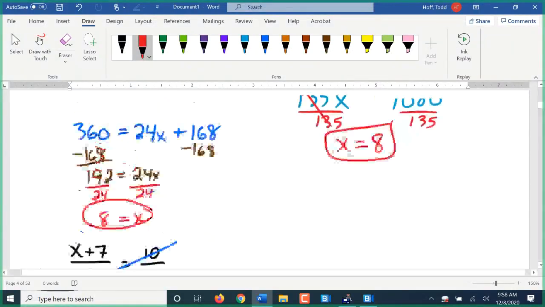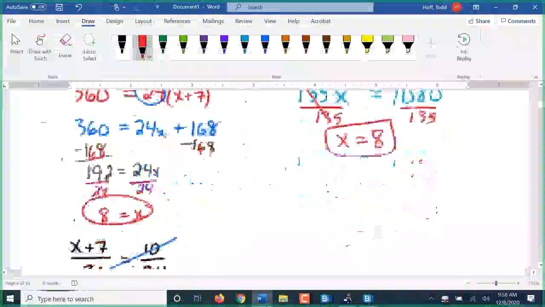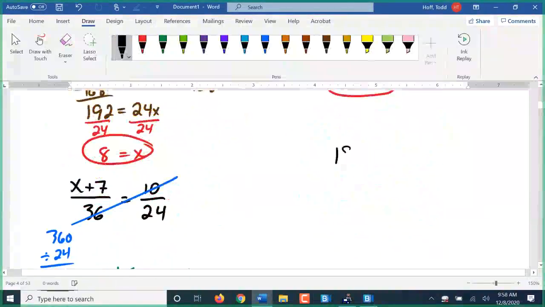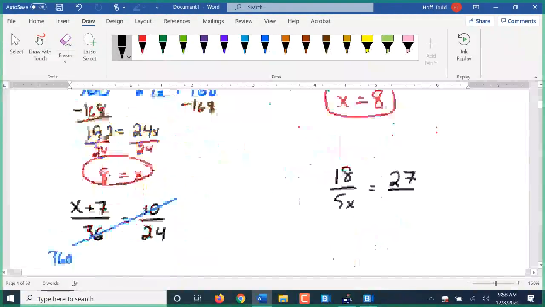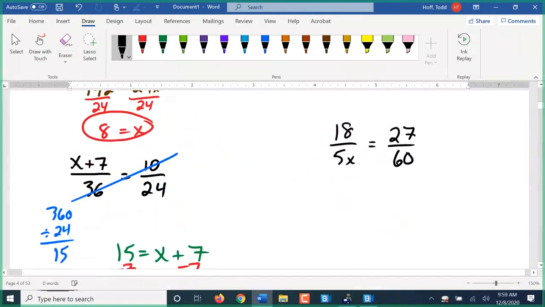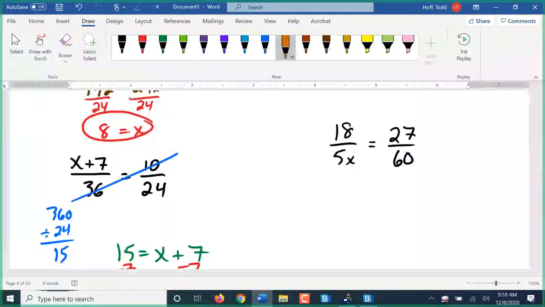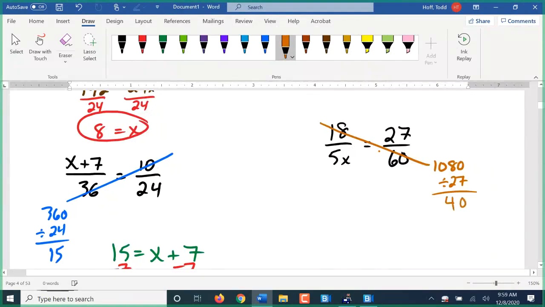Would have done a similar thing over here. 27/60. We could have cross multiplied. Oops. 18 times 60 would be 1,080, divided by the 27, because that's diagonal to our variable, would have given us 40.